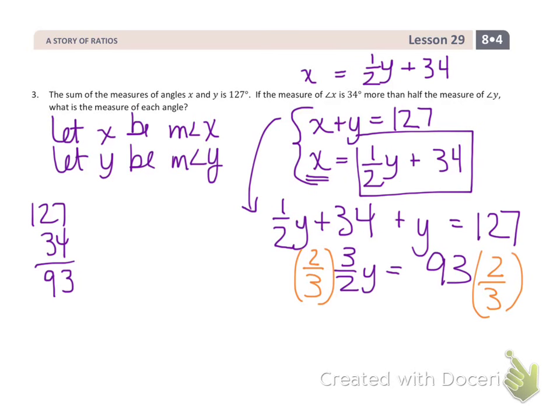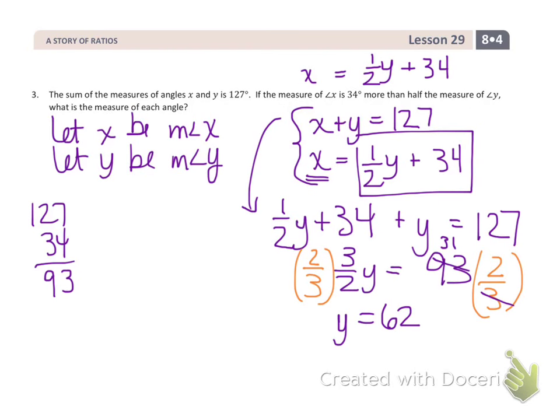This becomes just y on the left-hand side, and on the right, 2 times 31 is 62. Y is 62.